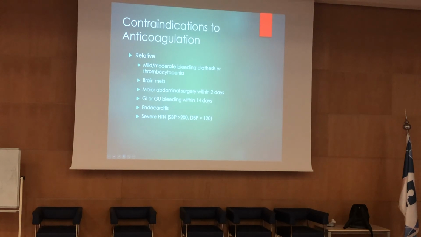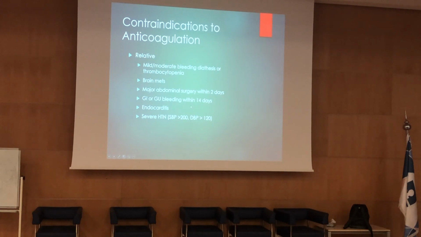Relative contraindications include mild and moderate bleeding problems, thrombocytopenia, brain mets, major abdominal surgery within 2 days, severe hypotension, endocarditis, which means infection of the cardiac muscle, and GI and genitourinary bleeding within 14 days.